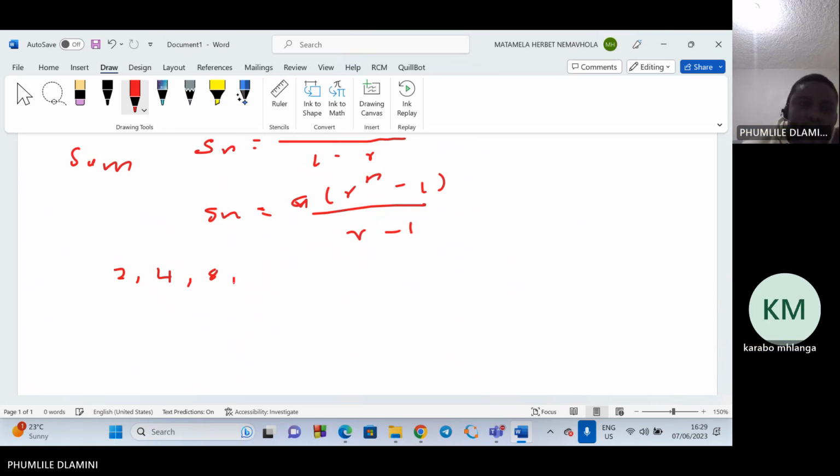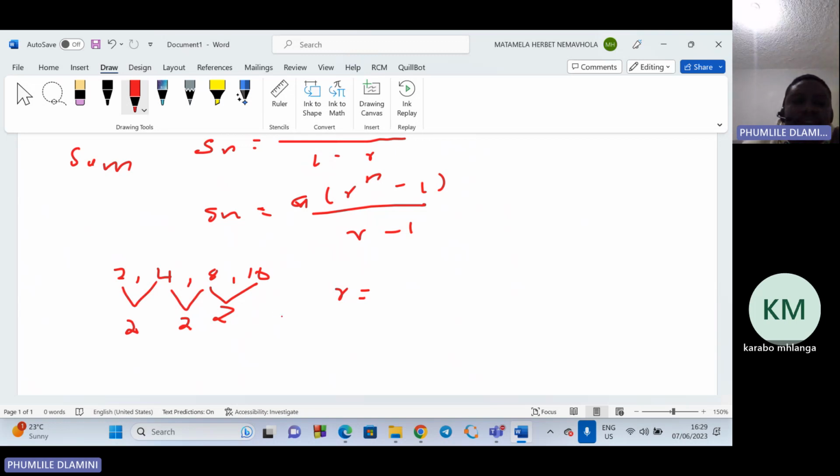Geometric sequences are sequences like 2, 4, 8, 16. When you divide them, 4 divided by 2, you will get 2. 8 divided by 4, you will get 2. 16 divided by 8, you will get 2. So this is like a ratio.